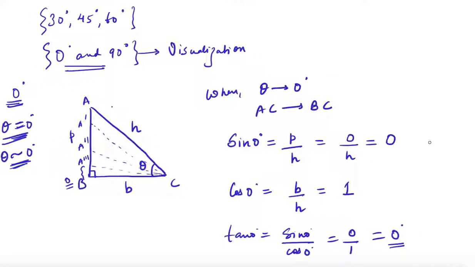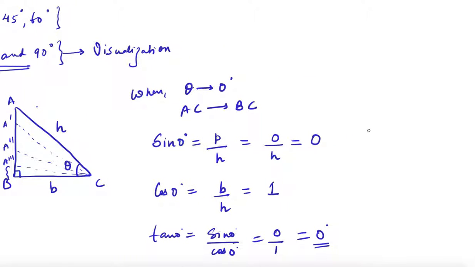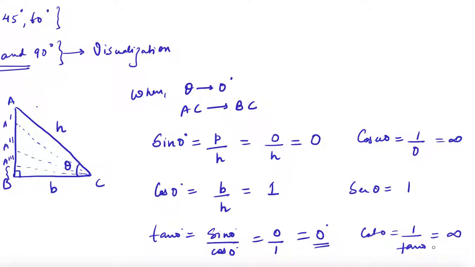Similarly, if I tell you to find the other trigonometric ratios, cosec 0 is the inverse of sine 0, that is 1 by 0, which is nothing but infinity or not defined. Similarly, sec 0 is the inverse of cos 0, 1 by 1, that will remain 1 itself. Cot 0 is again 1 by tan 0, which is equal to 1 by 0, infinity.